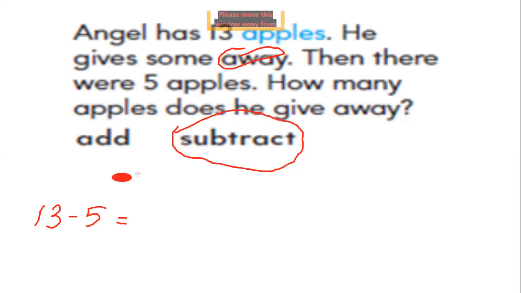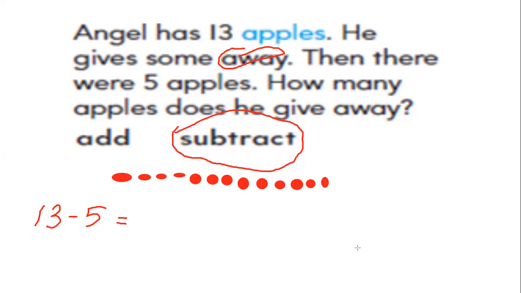Here we have 1, 2, 3, 4, 5, 6, 7, 8, 9, 10, 11, 12, 13. So I have here 13 minus 5. So I'm going to take 5 away. So let me take 5 away. 1, 2, 3, 4, 5. So I'm taking 5 away.